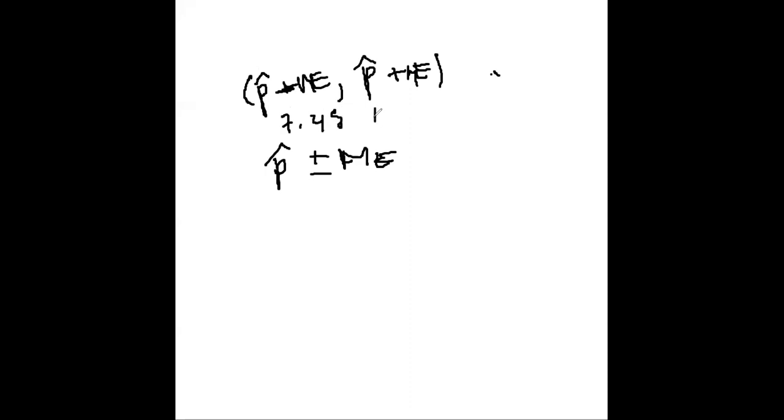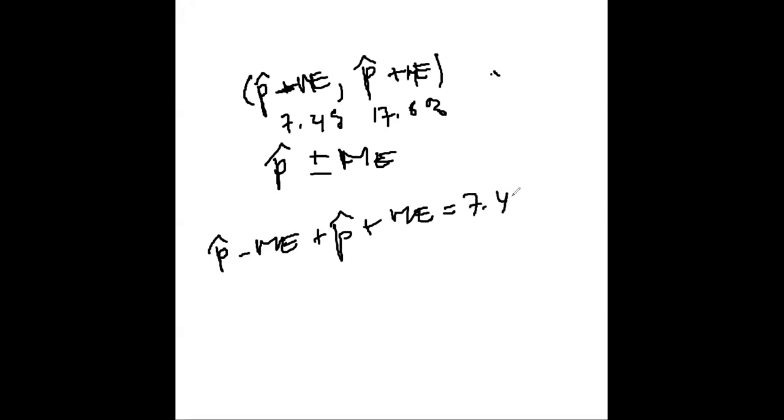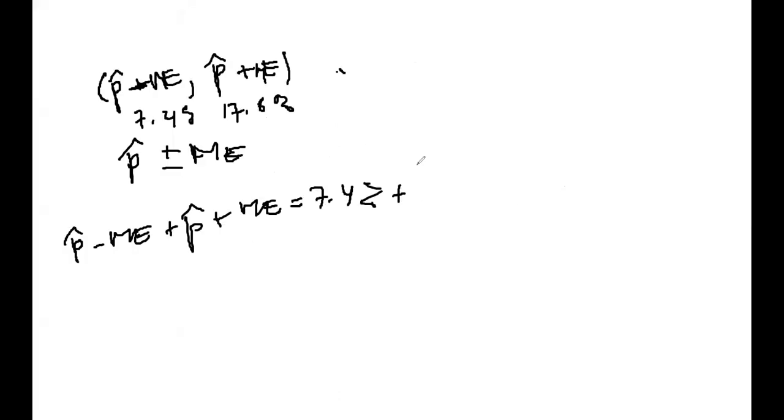And the number on the right here is 17.6%. So you can see if you add p hat minus ME plus p hat plus ME, you will have 7.4% plus 17.6%.